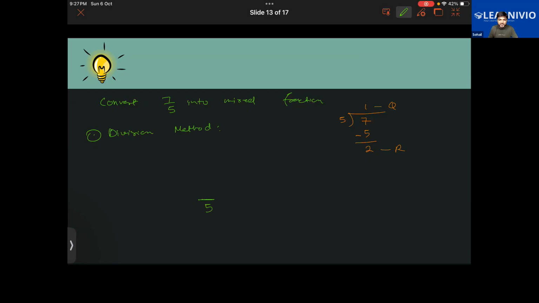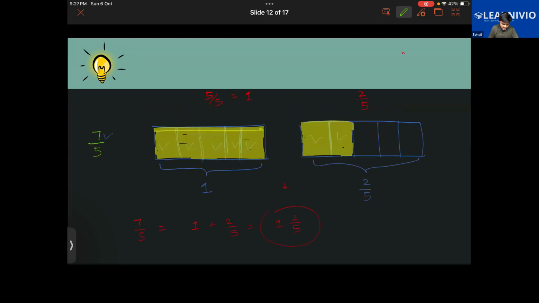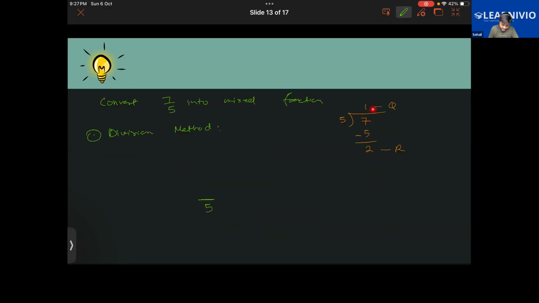Now the quotient will come in the place of the whole number. The quotient here is 1, so the quotient will be written in the place of the whole number. And the remainder goes to the place of the numerator.